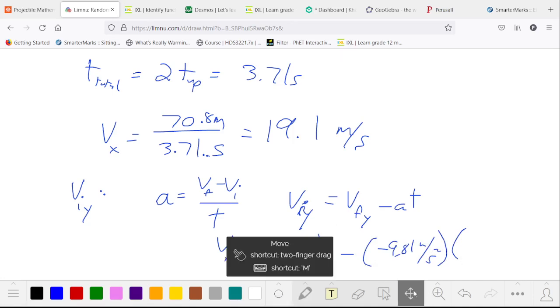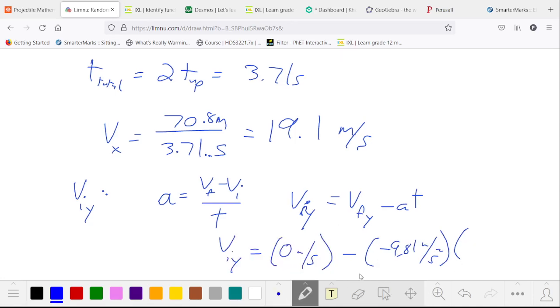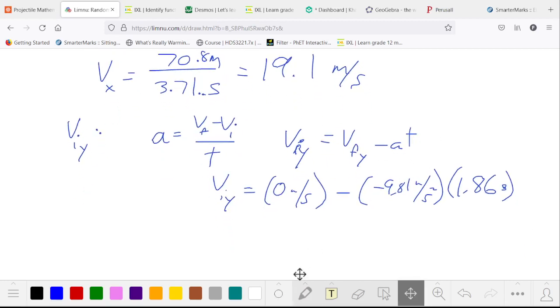And our time, here we're just using the half time of 1.86, using the full 1.85619606 that we see in our calculator. So our Viy will work out to 18.209283335 meters per second.